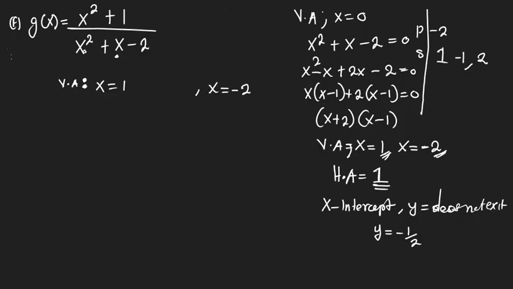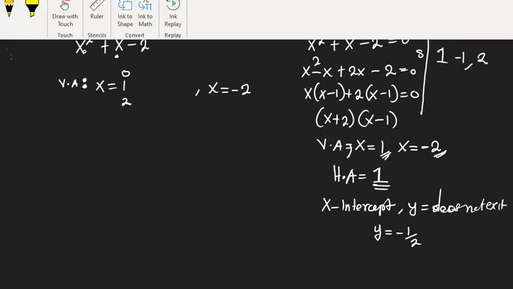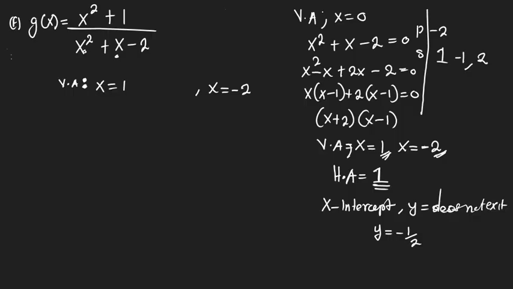Get a number above 1, number below 1, number above negative 2, number below negative 2.